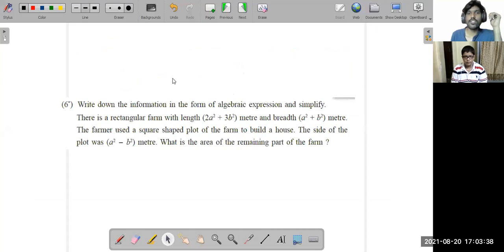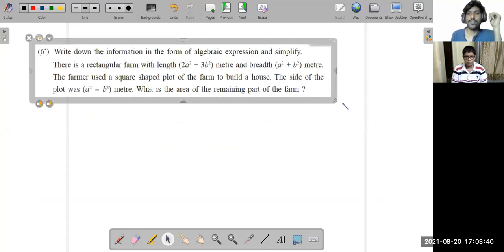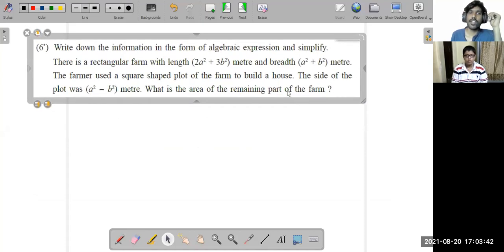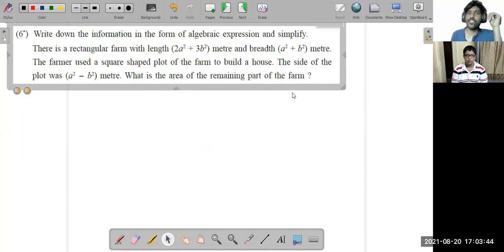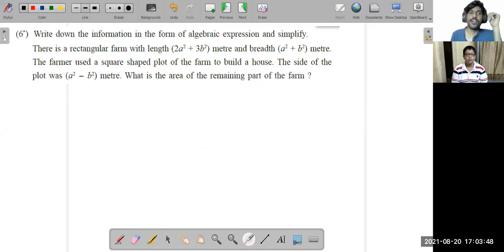Okay, so in the sixth one, understand the question first. Write down the information in the form of algebraic expression and simplify. There is a rectangular form with length 2a squared plus 3b squared.